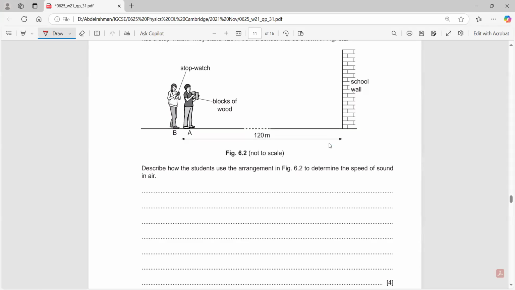Okay, so now we can say, student A hits the blocks of wood together. Student B starts the stopwatch.